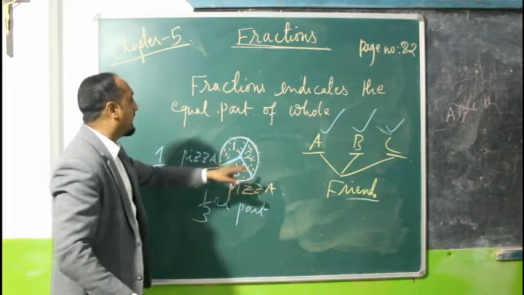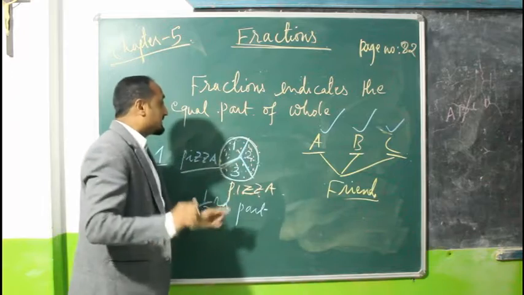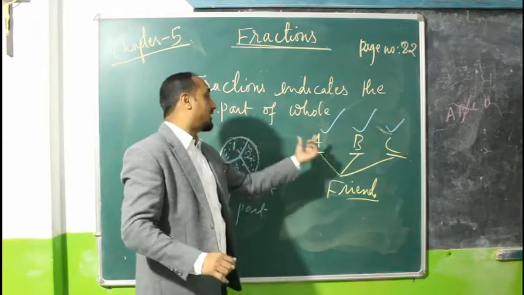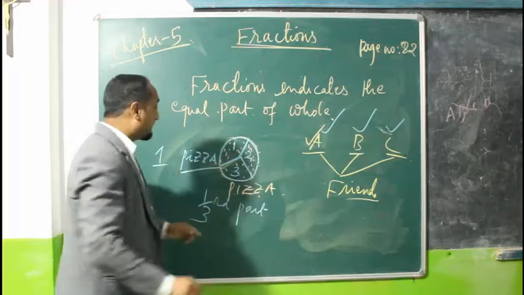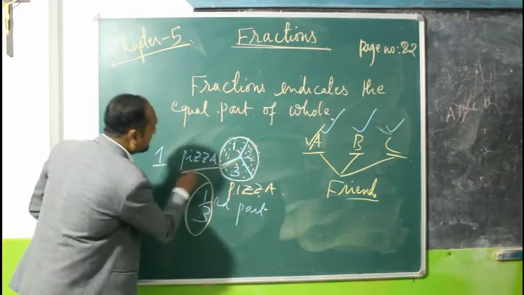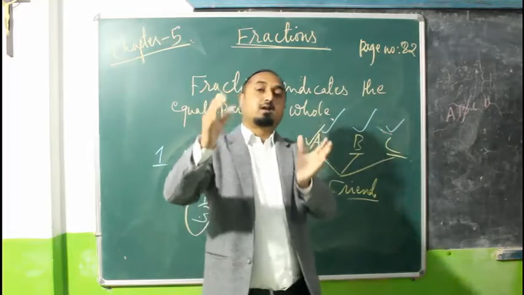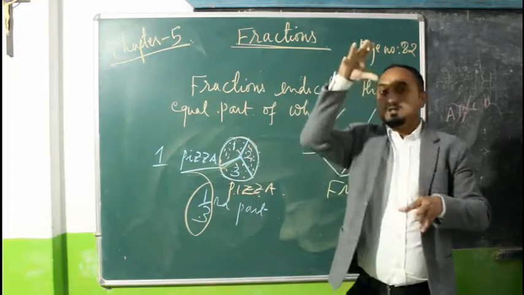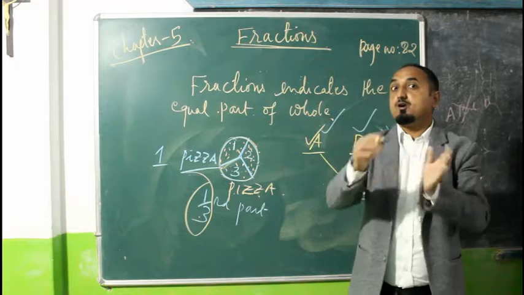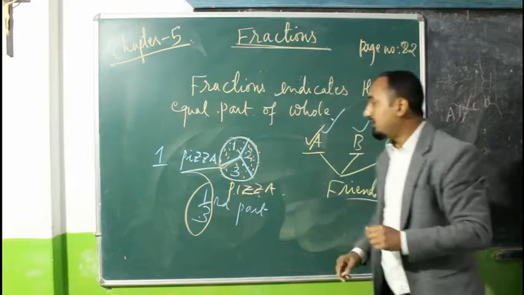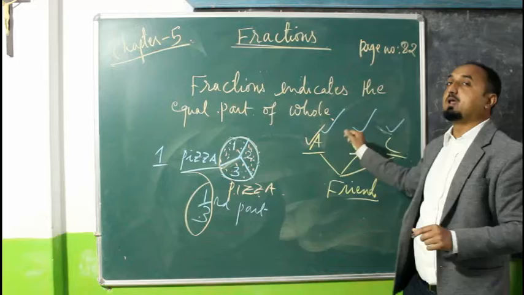Now, how much will each friend get? Friend A will get 1/3 of the pizza. The second friend will also get 1/3. So the total one pizza I have distributed among 3. If you are asked to represent it in fraction form, then each friend will get 1/3 of the pizza.